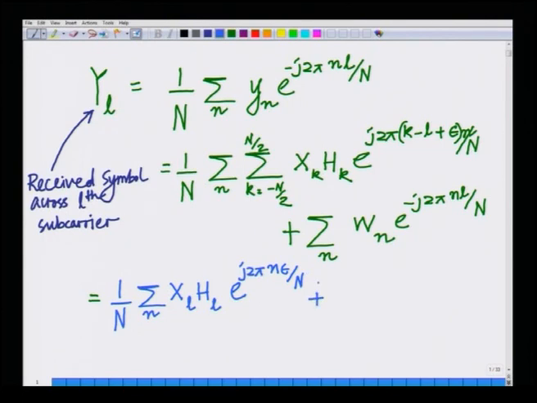Now, remember, if there was no carrier frequency offset, then this epsilon would have been 0, this would have been 1, this would have been summation 1, which would have been n over n, this is 1. So, this would have yielded our x L h L, similar to what we had earlier. Now, because of this carrier frequency offset, this is not exactly 1, that is the problem here.